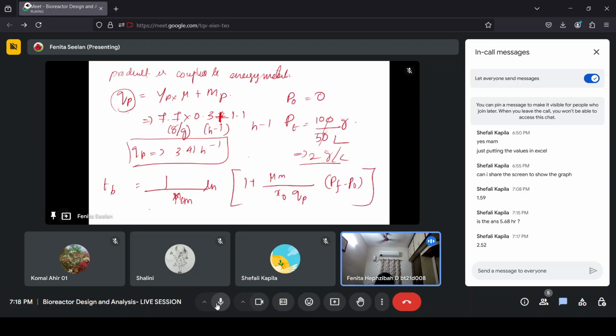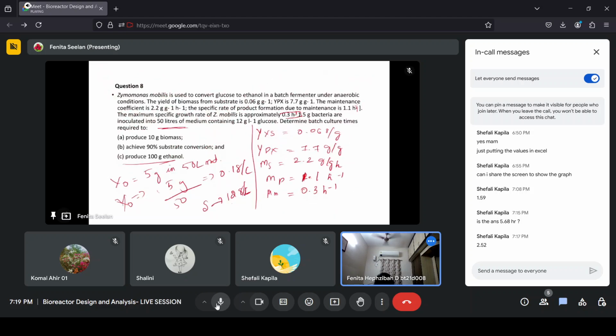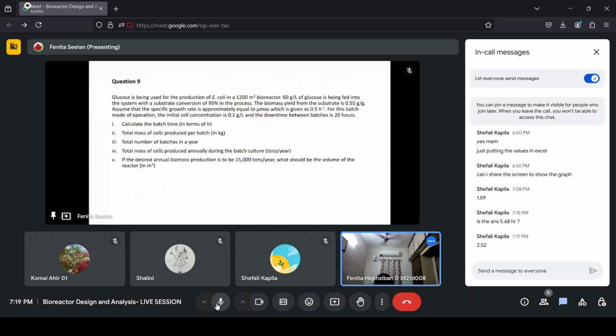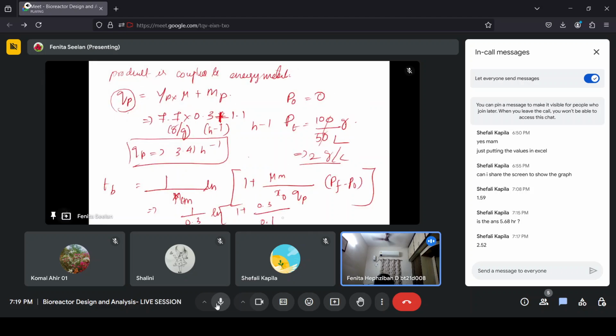If I apply this, it is 1 by 0.3 ln of 1 plus 0.3 divided by X naught. How much is X naught? 1.2, right? No, X naught is 0.1. 0.1 into my QP is 3.41, my PF final is 2 minus 0. So calculate this and let me know.